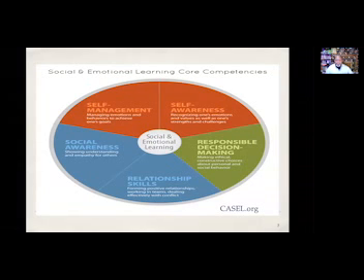So when we talk about SEL, we're talking about how do we use, incorporate, uplift these 5 competencies into our practice. How is it that we engage students around these? How do we teach?